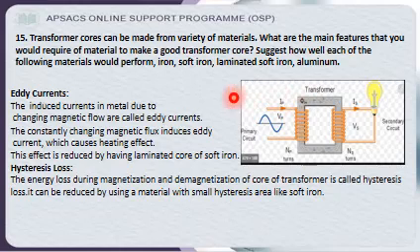Why magnetization and demagnetization? Because when we are applying the input voltage to these windings, the direction of current is reversing in each cycle. So the core of the transformer is continuously magnetizing and demagnetizing because of the changing magnetic flux.